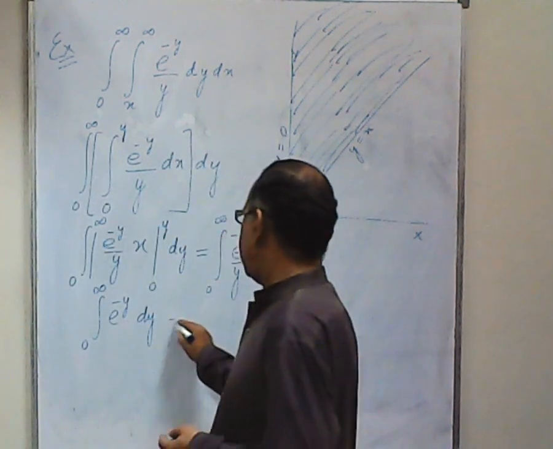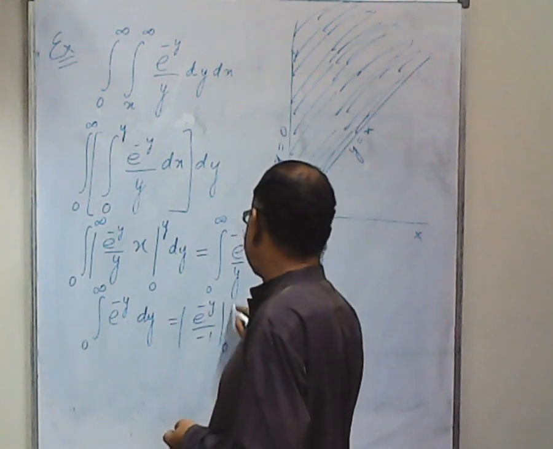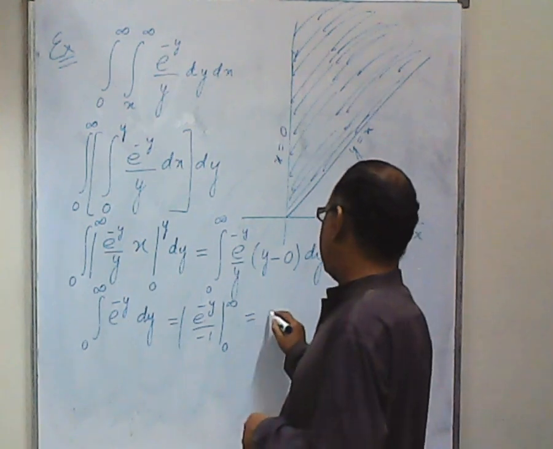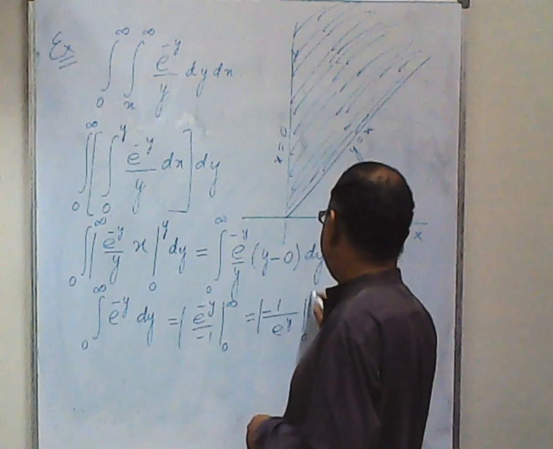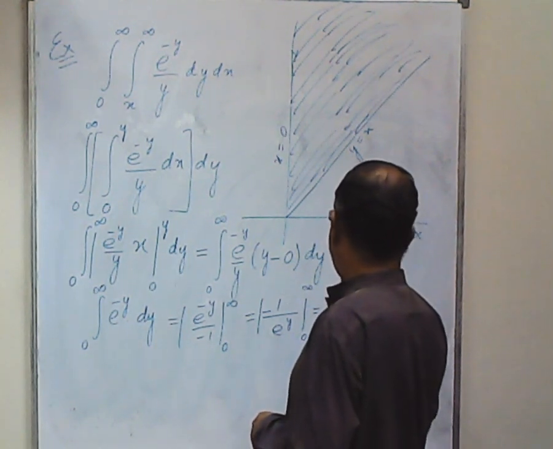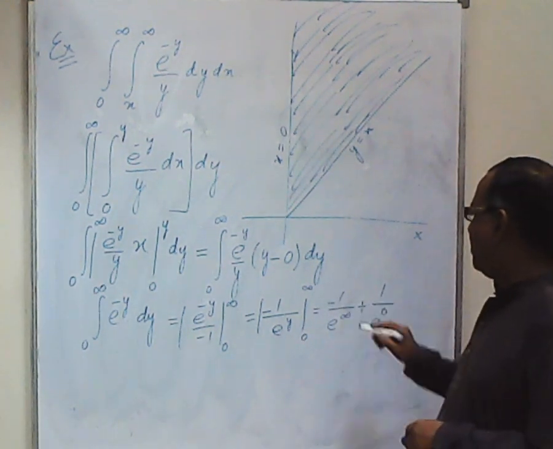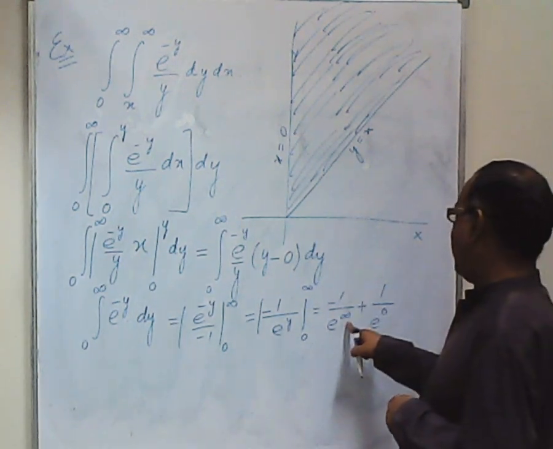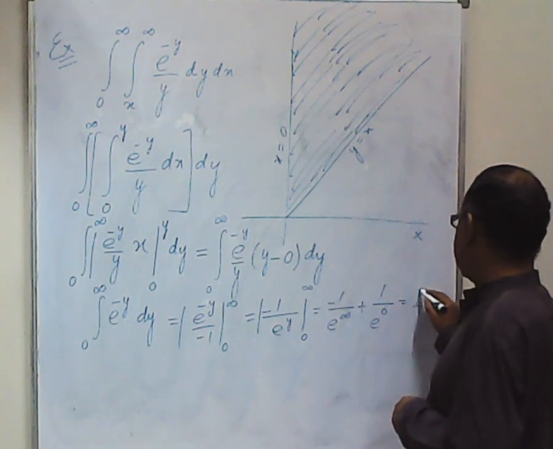So I can easily integrate e power minus y over minus 1, substituting the limits 0 to infinity. This is equal to minus 1 upon e power y from 0 to infinity. So this is minus 1 upon e power infinity, sorry, plus 1 upon e power 0. 1 upon e power infinity is 1 upon infinity, which is 0, and e power 0 is 1. So the final answer is 1.